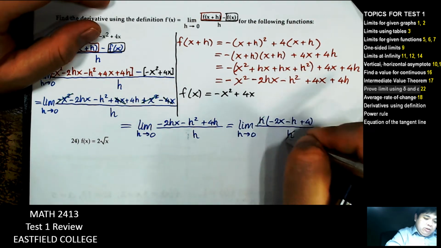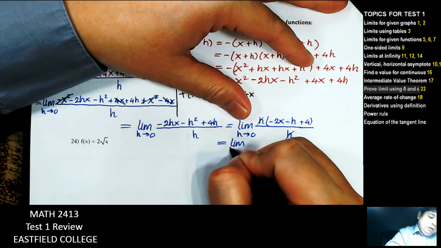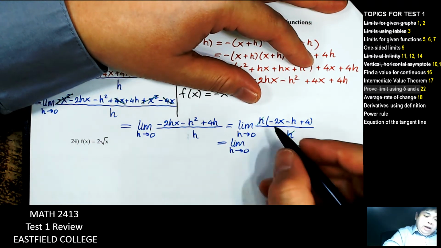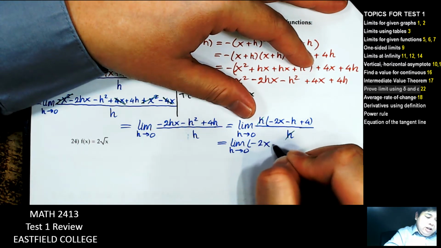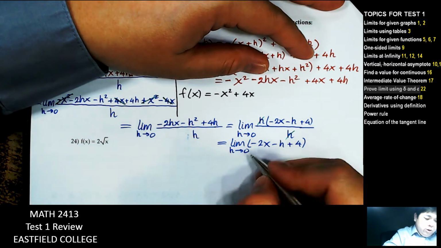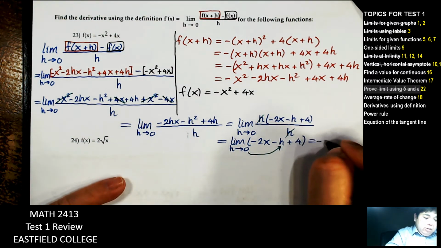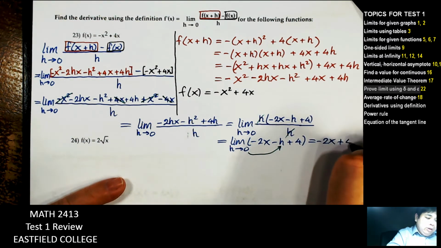We can cancel, and we have just negative 2x, negative h plus 4. Now when h equals 0, put 0 in for h, and we have negative 2x plus 4.